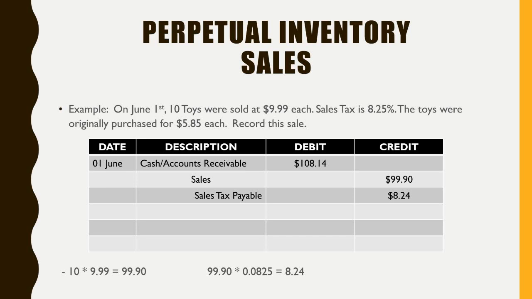So here we're given this piece of information that we originally purchased these items for $5.85. Okay? If we sold 10 of them, how much are we going to eliminate from our inventory? $58.50. $58.50 is correct.